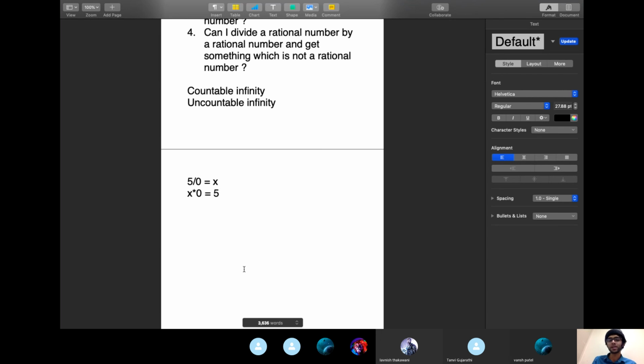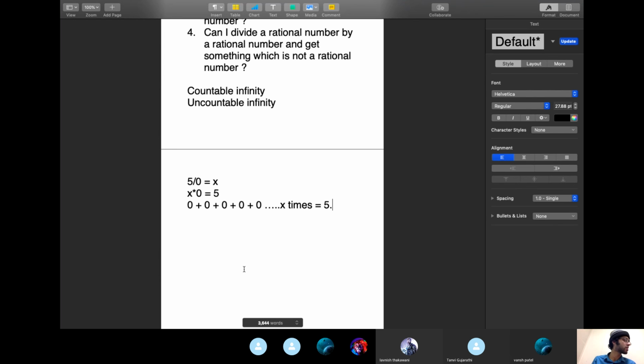What is the meaning of multiplication? It is repeated addition. So it's like you're adding the same number again and again. Now you're saying that 0 plus 0 plus 0 plus 0 plus x number of times should equal 5. How is that possible?